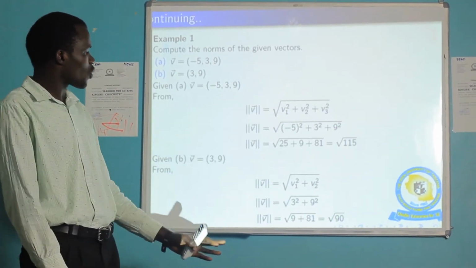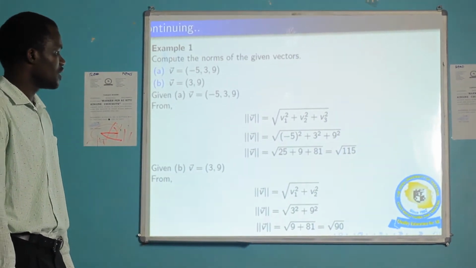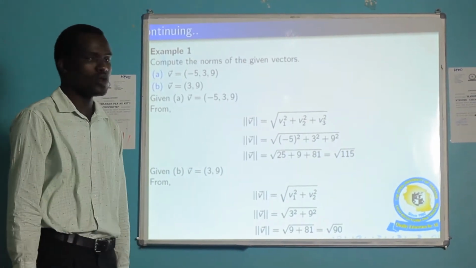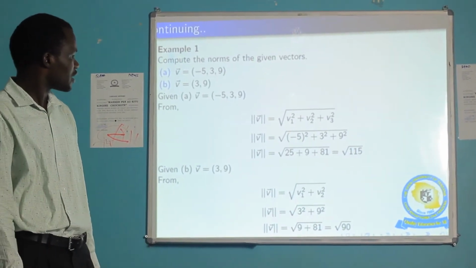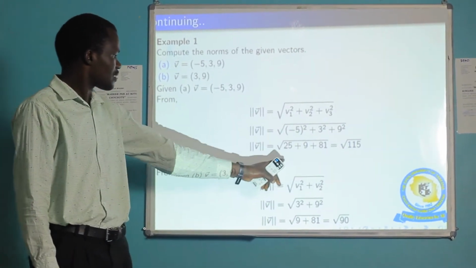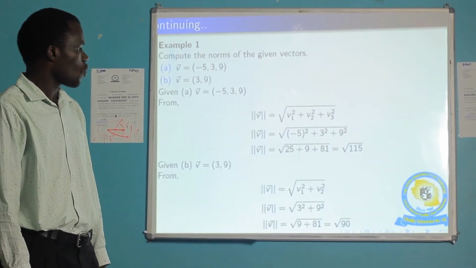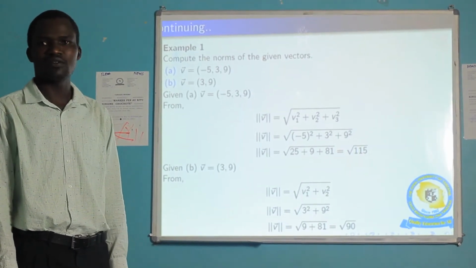After finding the squares, we get 25, 9, and 81, which sum to 115.